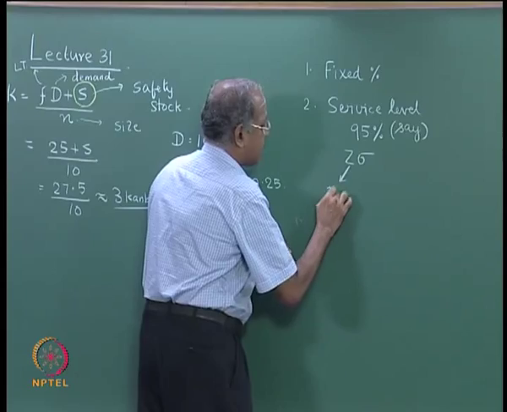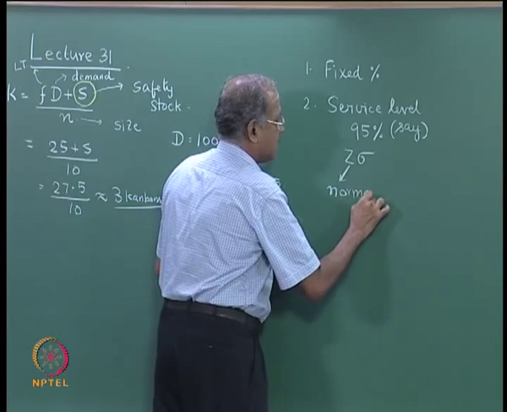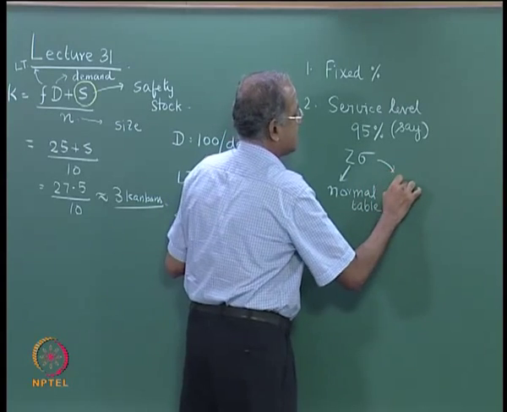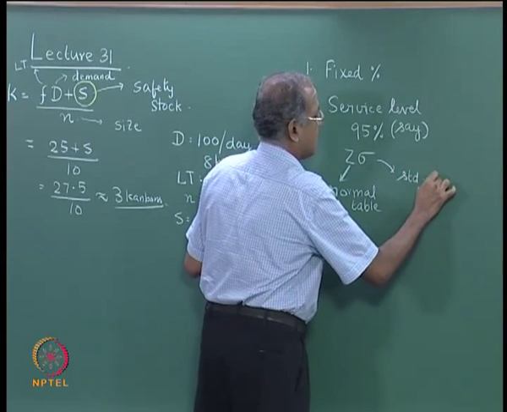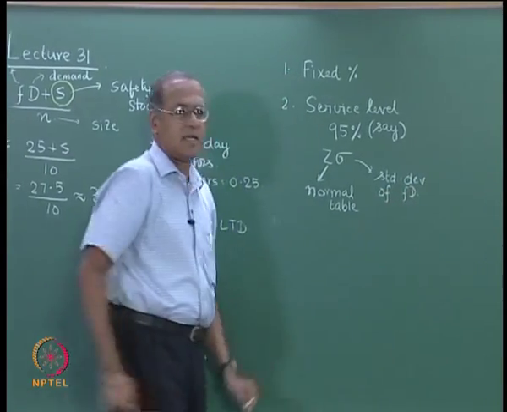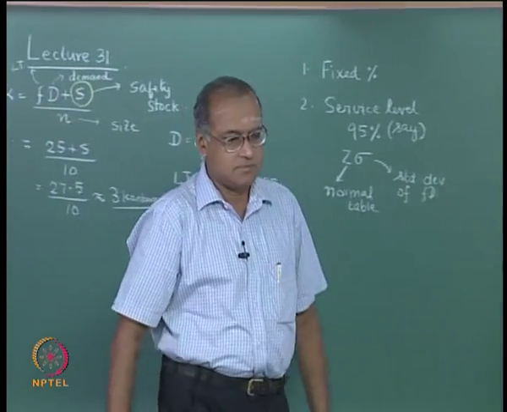So, Z comes from the normal table and sigma is the standard deviation of FD or the lead time demand.